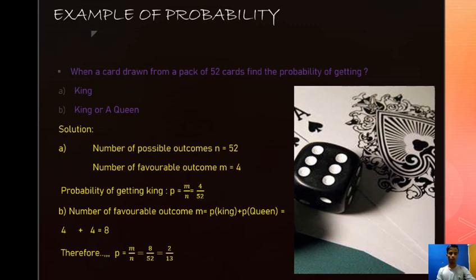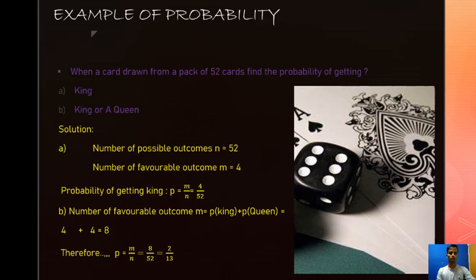Moving on to the solution, at first we shall take the number of possible outcomes which is equal to 52, that will be n, and the number of favorable outcomes m, which is equal to 4. The probability of getting a king is equal to m by n, which is 4 by 52. Now, the number of favorable outcomes m is equal to the count of kings plus the count of queens.